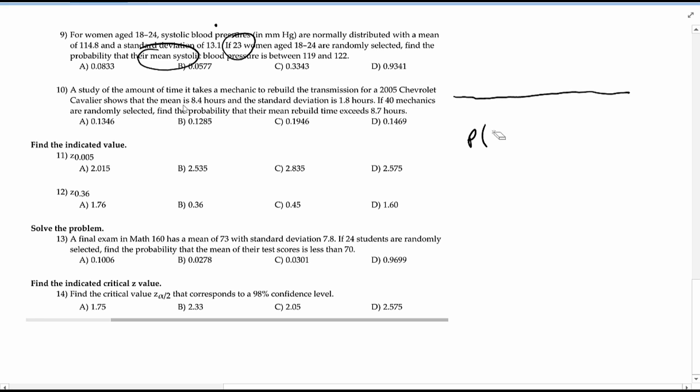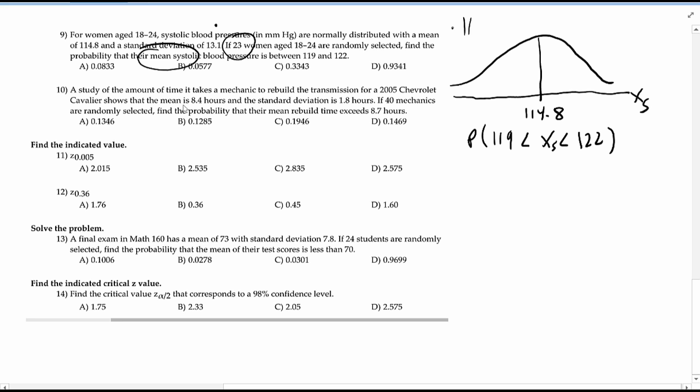So the sample mean is between 119 and 122, right? So we have a normal distribution because sample means are normally distributed. The mean is the same as the mean of the population, which is 114.8.